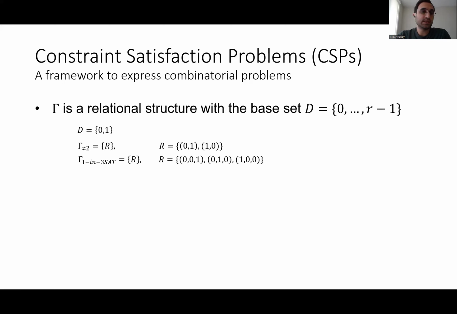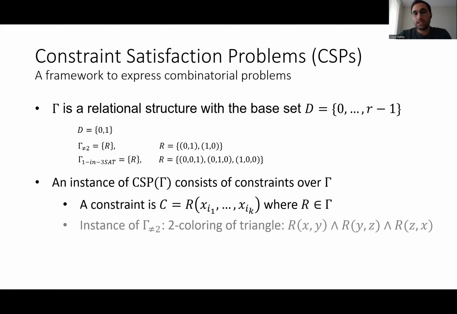For instance, let's say the set is 0, 1, and then the inequality language over 0, 1 is basically this relation R, which has only two tuples, 0, 1 and 1, 0. Then the constraint language for the 1-in-3 set problem has one single relation, and the relation is these three tuples that we see here: 0, 0, 1, 0, 1, 0, and 1, 0, 0.